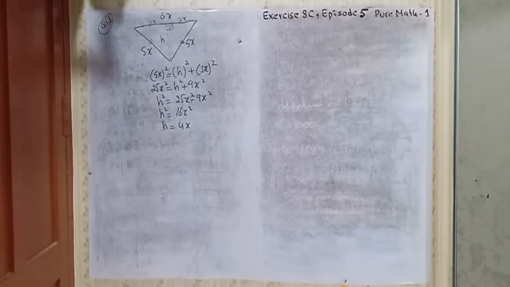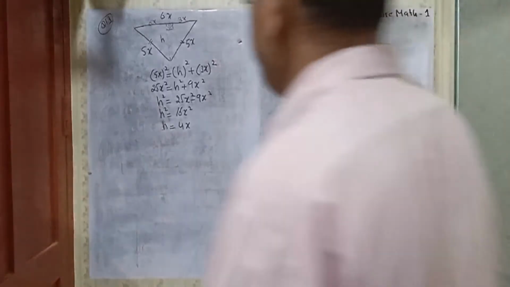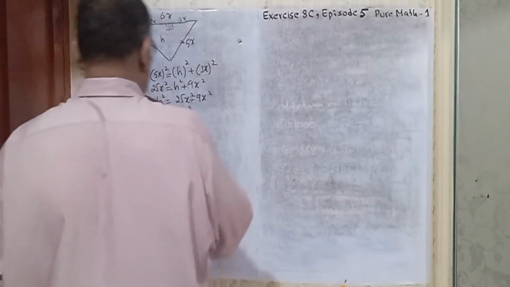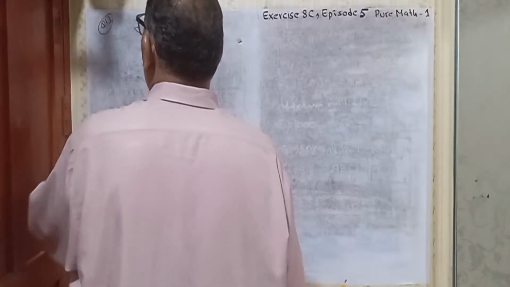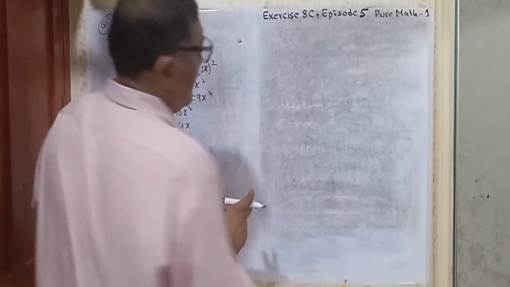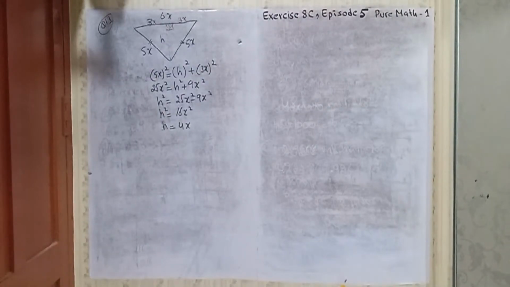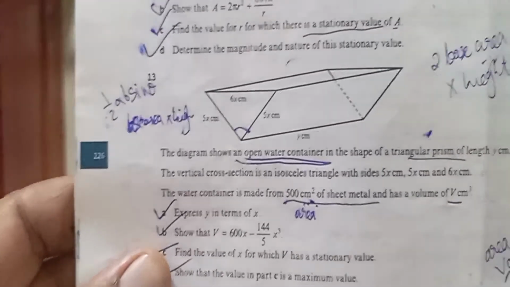Then this is the base of that prism, remember. You know that the surface area of the prism is given to me. It's an open container. Let me show you the diagram. This is the diagram of that.